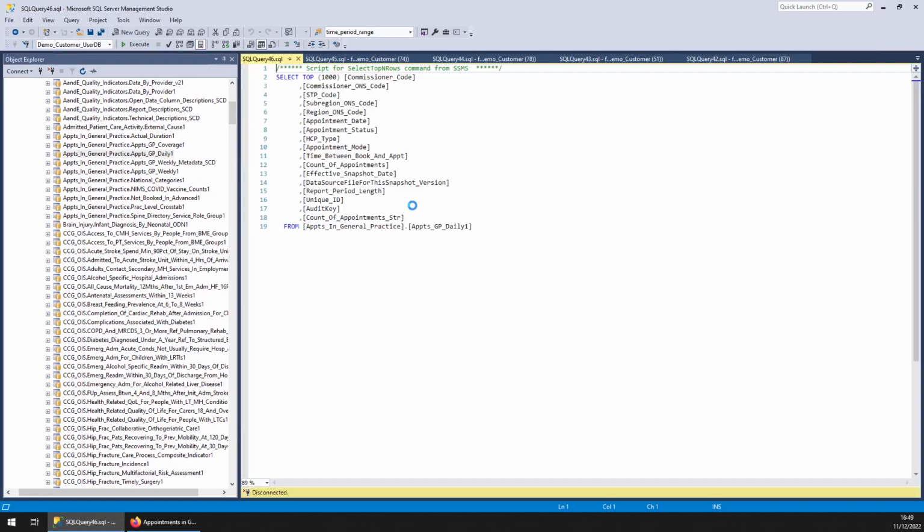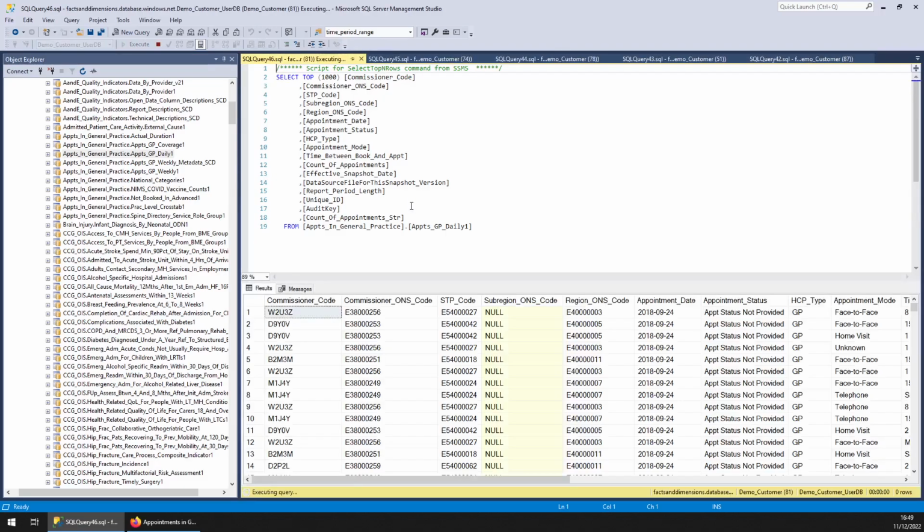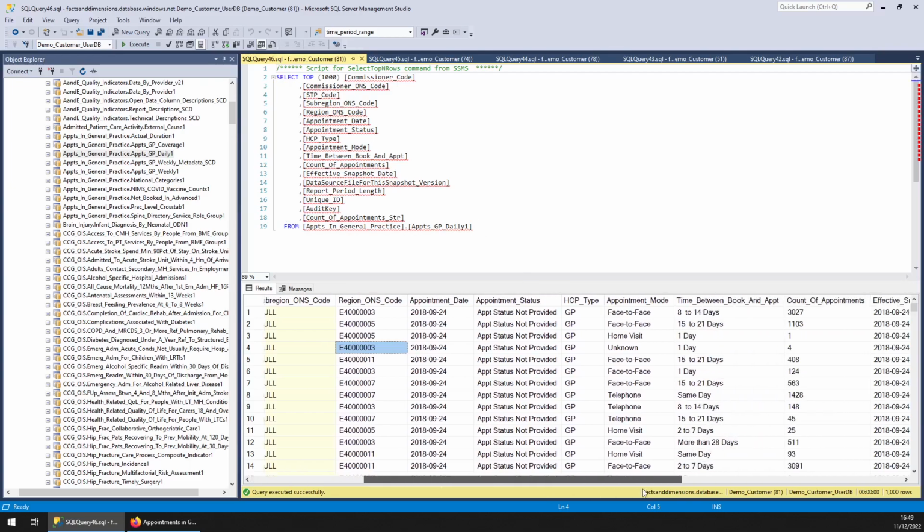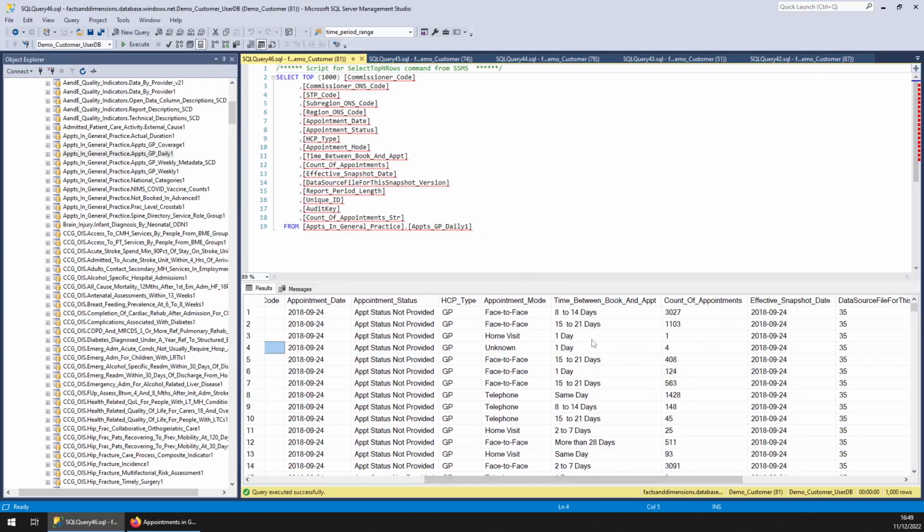Appointments GP daily. So there's the commissioner code and the ONS equivalent, STP and region. This has got counts of appointments split by all kinds of things. Actually, let's do a distinct on here so we can see what it's split by. So you can see it's split by different areas.